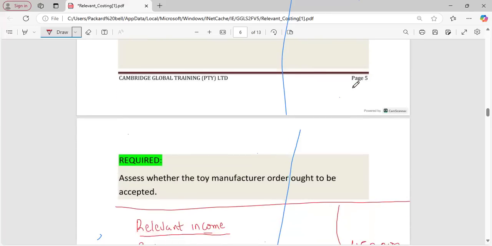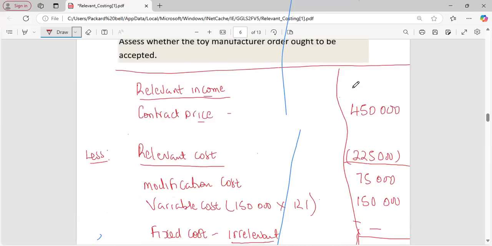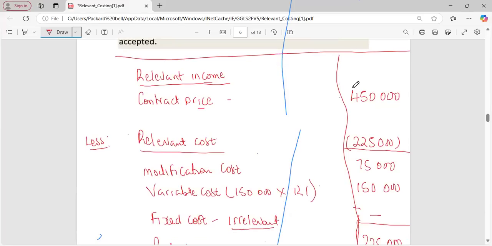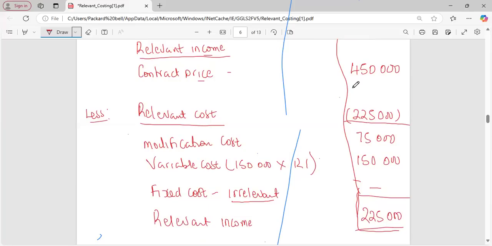They are not going to affect your decision. So as long as you are dealing with decision making, focus on relevant income and relevant cost.